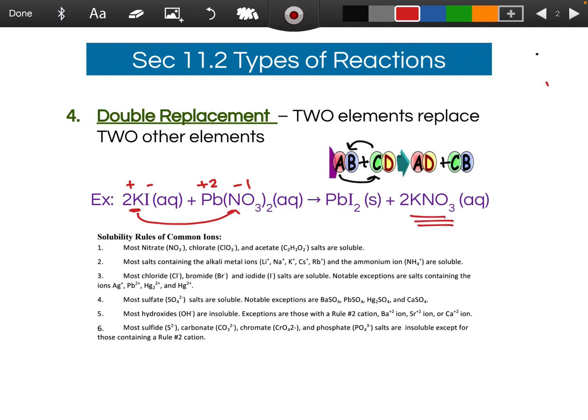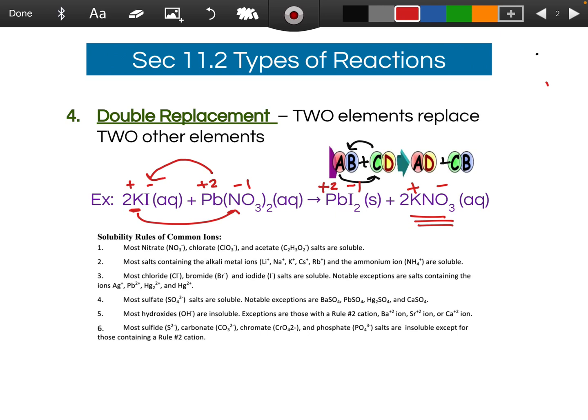And again, when you form new compounds, you have to go back to the individual charges. Potassium is +1, and nitrate is -1, so that's why the formula is KNO3. And then the other product, lead, is going to combine with iodine because lead is positive and iodine is negative. So when you form a new product, again, you have to look at the individual charges.